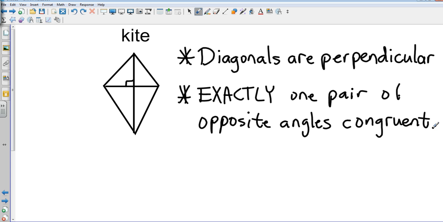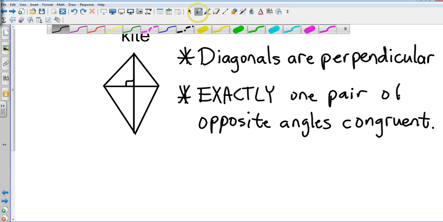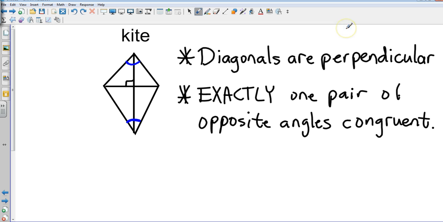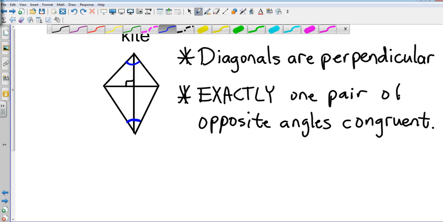Okay, exactly one pair. So let's go with a blue. This angle here is congruent to this angle. If the other set of opposite angles are congruent, then it is not a kite, because again, it can only have exactly one pair of opposite angles that are congruent.